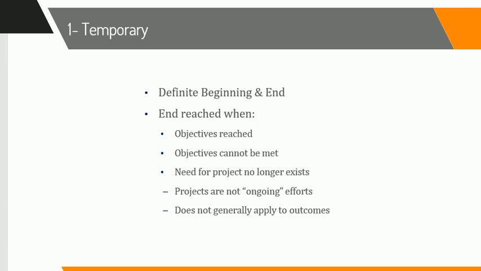Number one, your objectives are reached, your goal is reached, your vision is reached, so the project will end. Or objectives cannot be met, which is an unexpected issue, the project is not able to make any product, service or result, so it has just failed. So there is one passing and one failing.